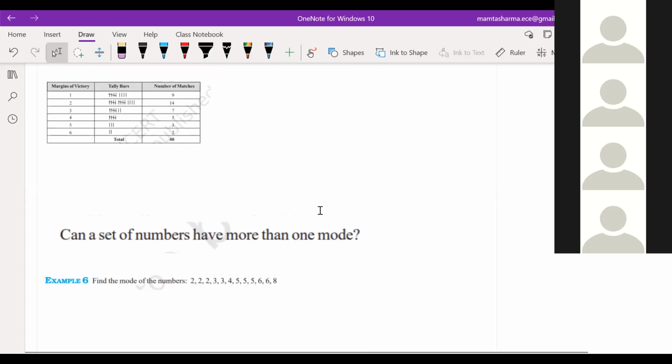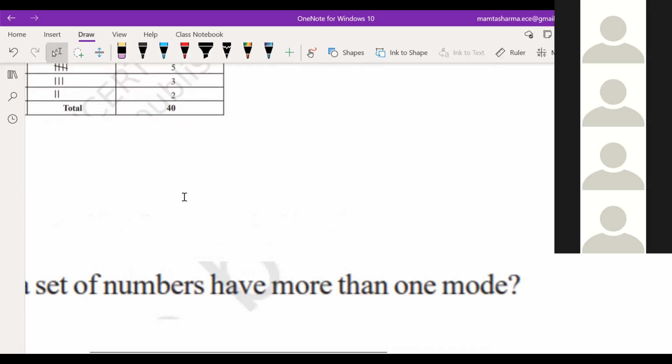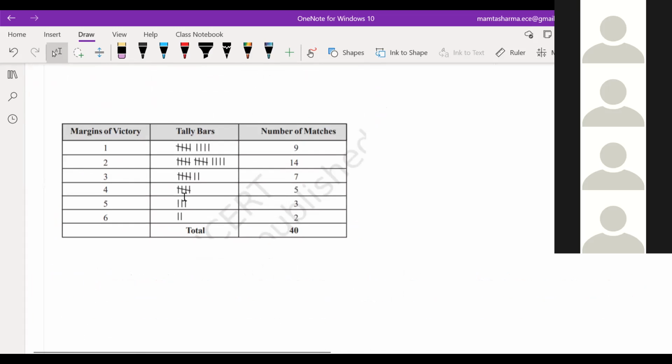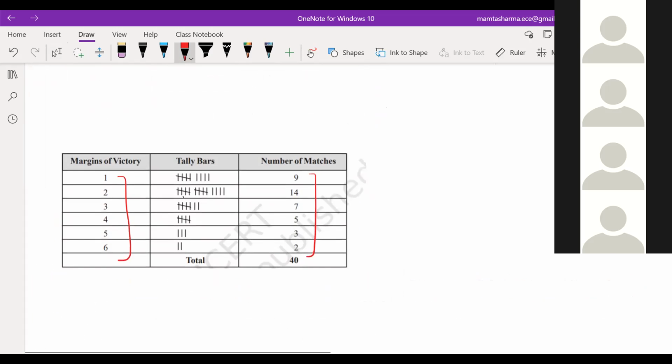Okay. Now see, if it is difficult or confusing for you, you can prepare a table for these data. You can prepare the table, write the margin of victory and the number of matches, and then you can find out that 14 is maximum. So for 14, the margin of victory is 2.